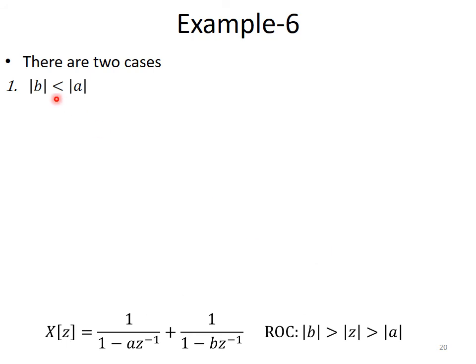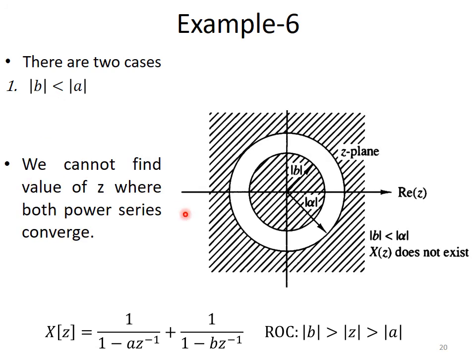Now there are two possible scenarios or two cases. One is when magnitude of b is less than magnitude of a. In this case, the region of convergence for the causal part is the exterior of a circle of radius magnitude a.